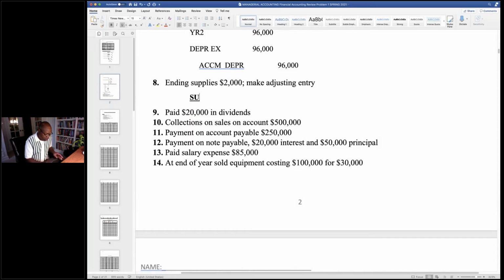So we're going to debit supplies expense, and then we'll credit supplies. The amount of the entry is the difference between what we bought and what's left.